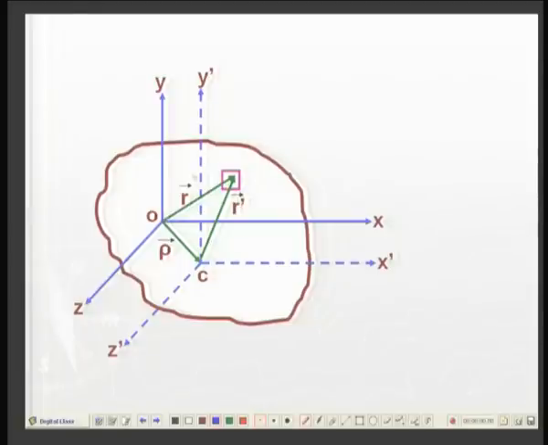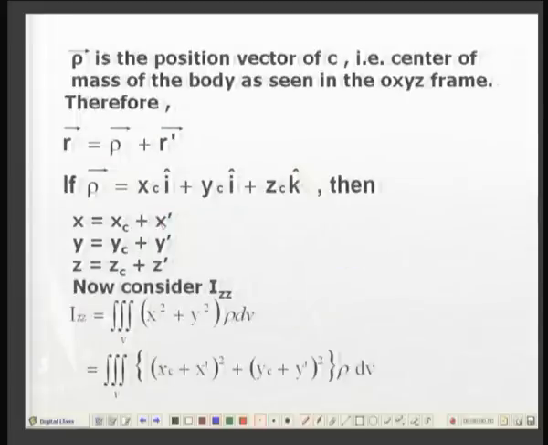Similarly, the same element is located at a position vector r from the origin O of the new coordinate system x y z. The distance between the two origins O and C is given by the position vector rho dash. It is very easily checked that the position vector r is equal to the rho vector plus the r dash vector.